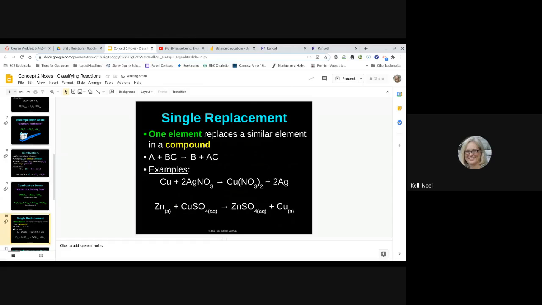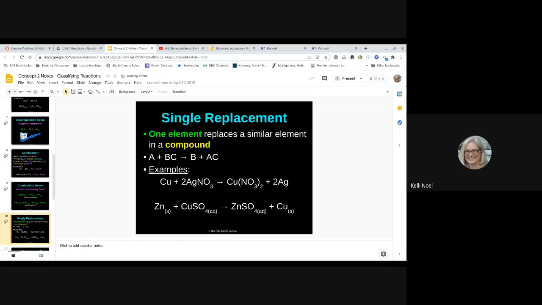And then copper comes along and attracts nitrate and pulls it away from the silver. So you've got a single replacement. One element replaces another element. So copper has come in and replaced silver. This will usually be a metal. Here's another one, zinc. Zinc comes in and replaces copper here. And so whatever metal is by itself on the left is going to be with a partner on the right.